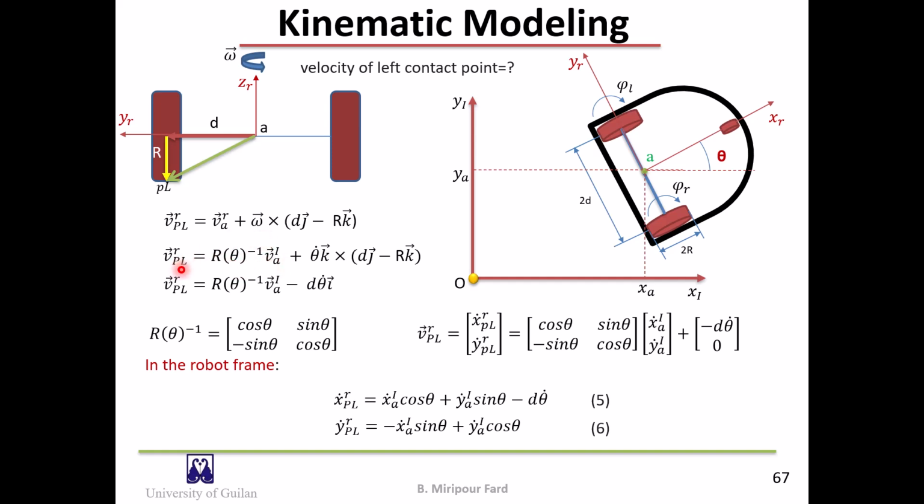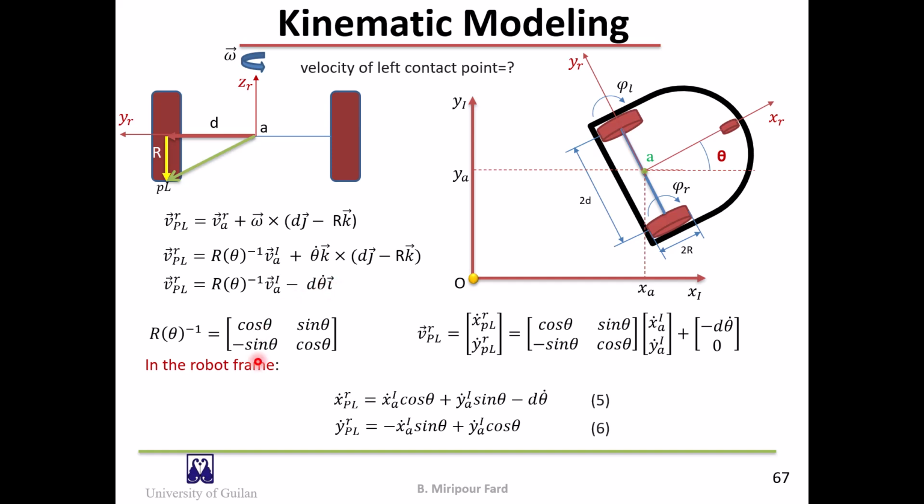So VPLR equals R of theta inverse times VA in the inertial frame plus theta dot K cross (DJ minus RK). If the cross product is done, the relation becomes VPLR equals R inverse times (VA I minus D times theta dot I).